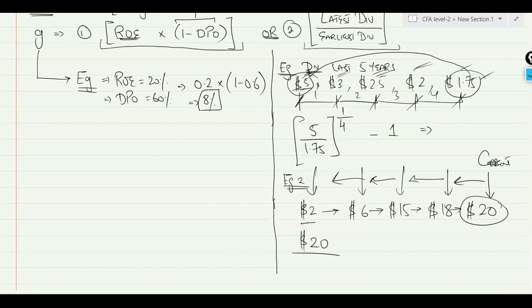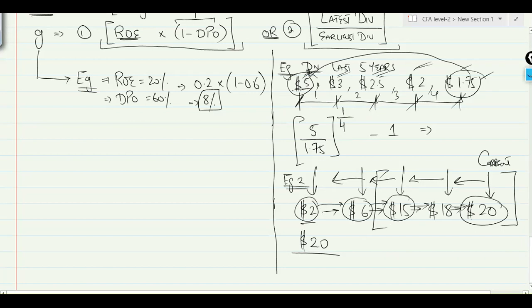In the first 2 years, the dividend was 2, then it jumped to 6, then to 15. After 15, the growth started to show sustainability. Before that, the growth was fluctuating, from 2 to 6, 6 to 15, and then suddenly I can see 15, 18, and 20.